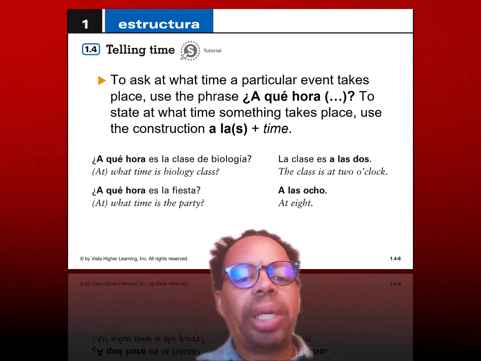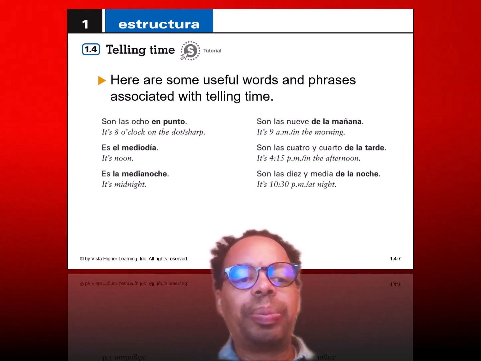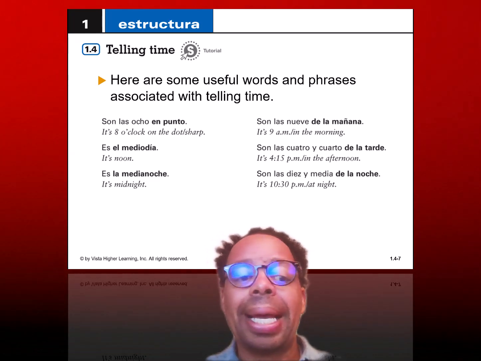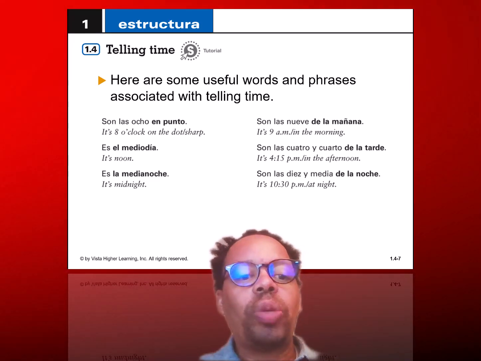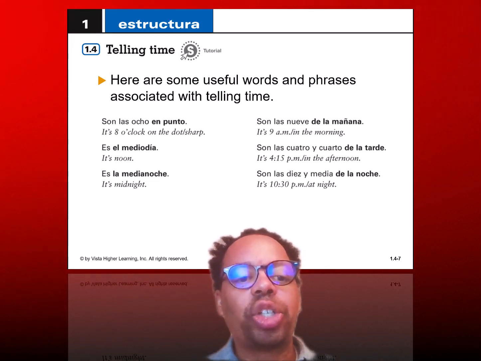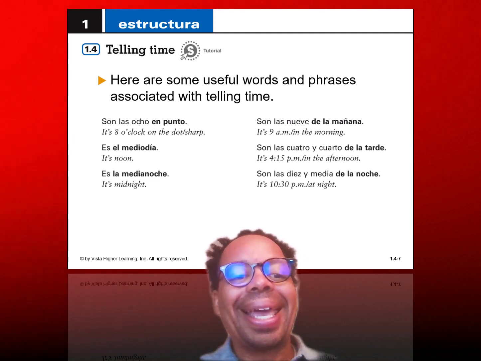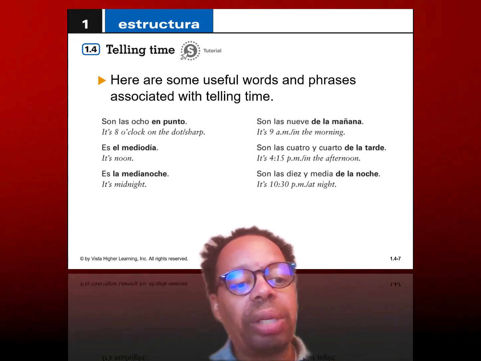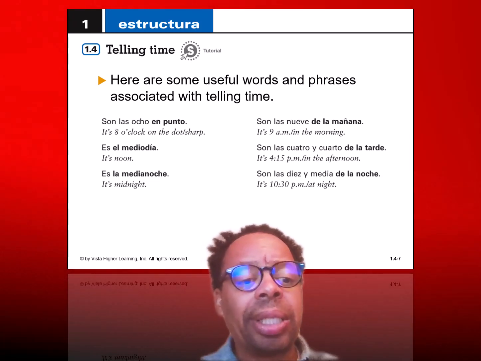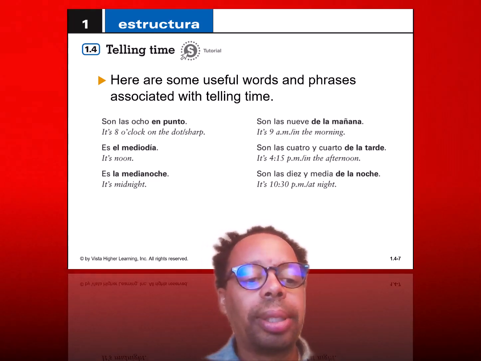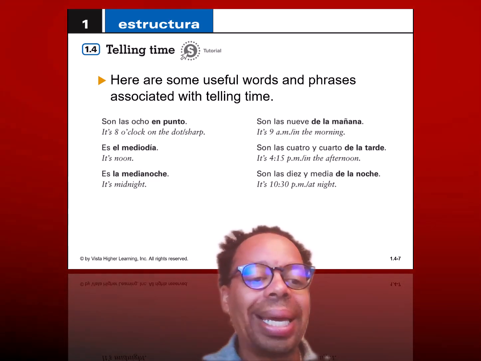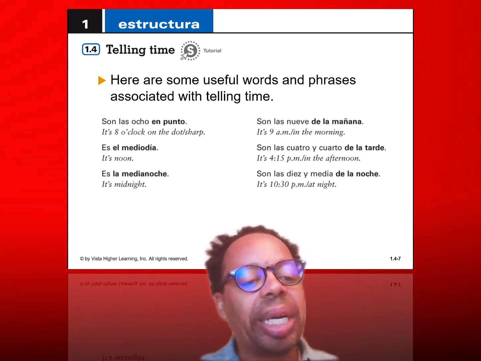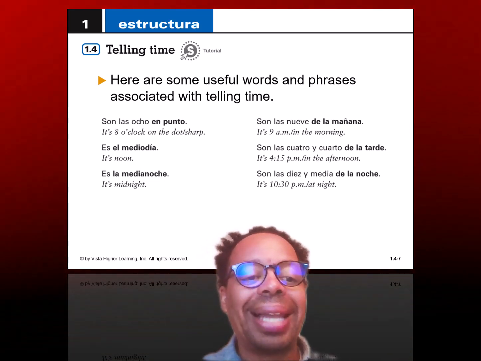Some other useful words and phrases associated with telling time. Son las 8 en punto. En punto means sharp, on the dot. Es el mediodía. It's noon, middle of the day. Día is masculine, so we use the article el. Es la medianoche. Noche is feminine, so we use la for la medianoche.